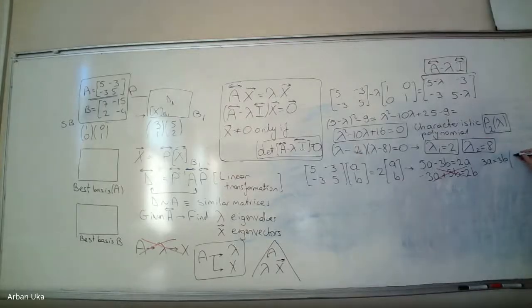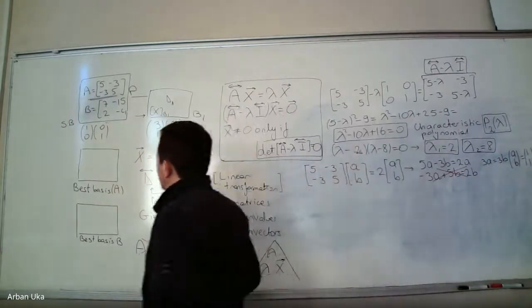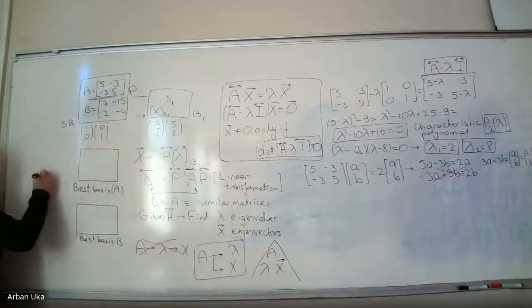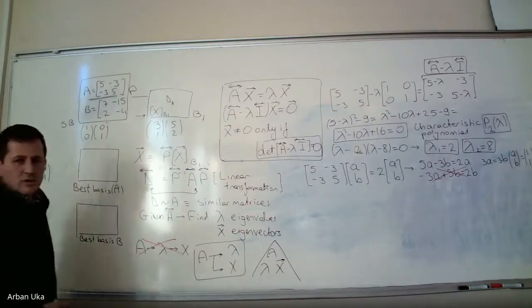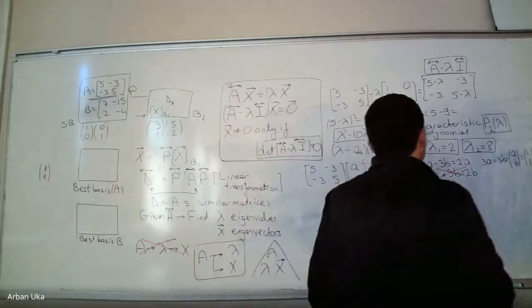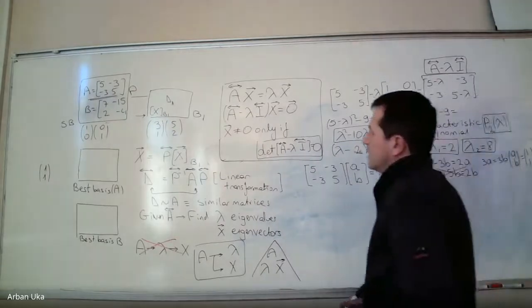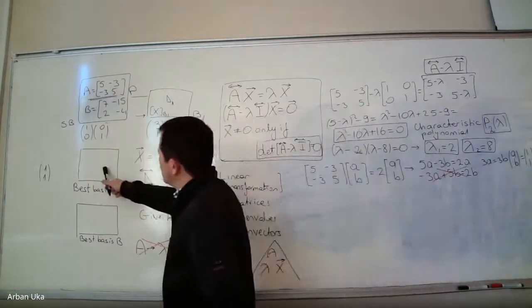So here we can get a pair a, b, which is going to be equal to 1, 1. Okay, so this is a pair of numbers. Which means that in this basis, one of the vectors is 1, 1, which will serve as a basis of this new domain.